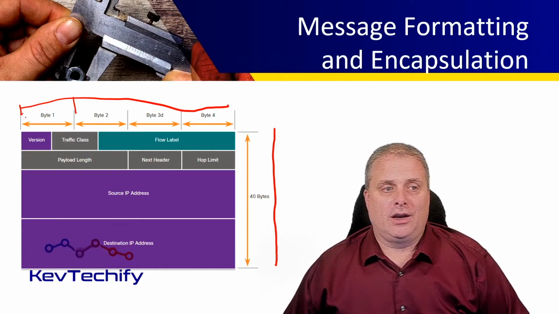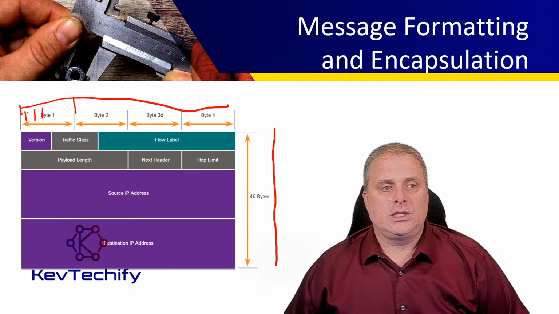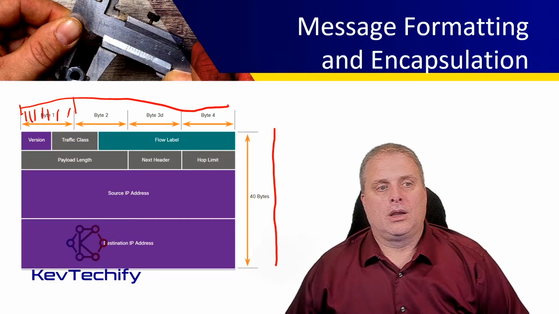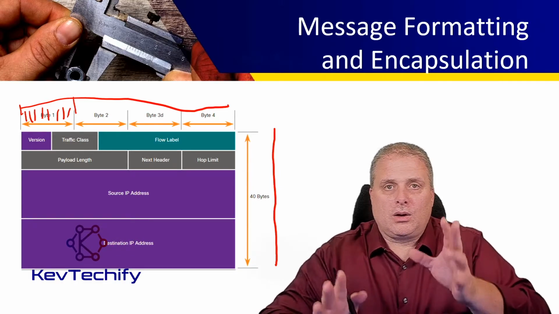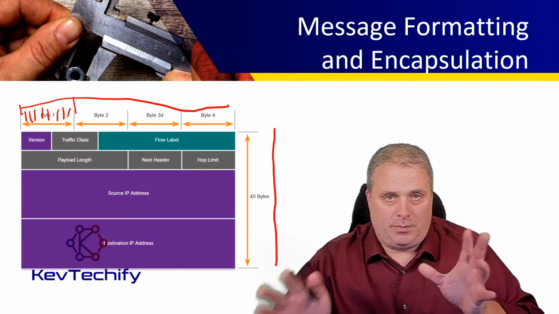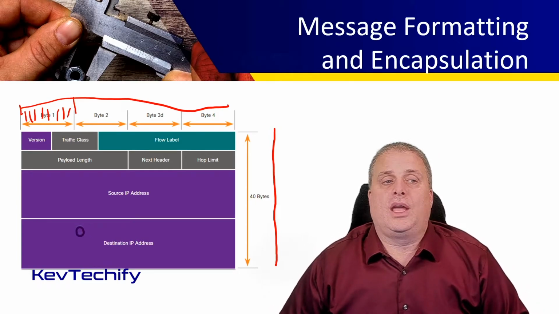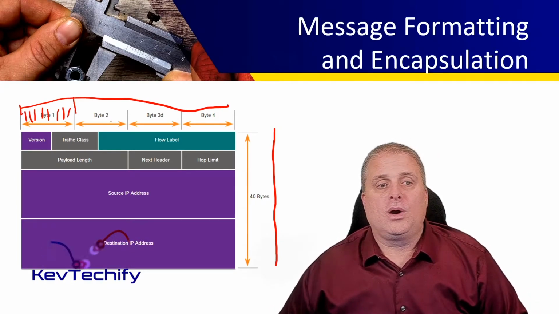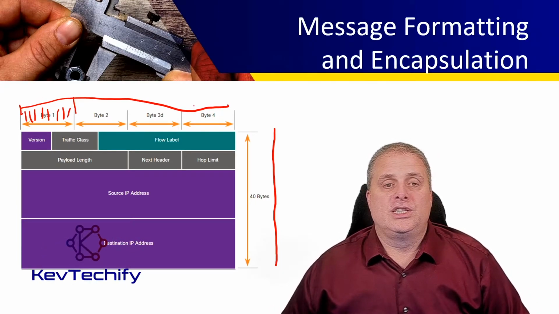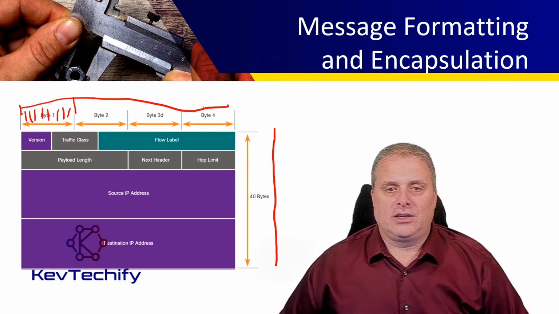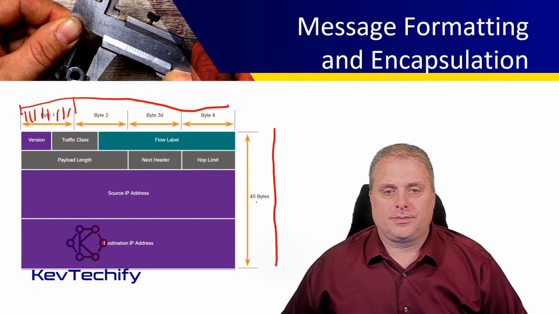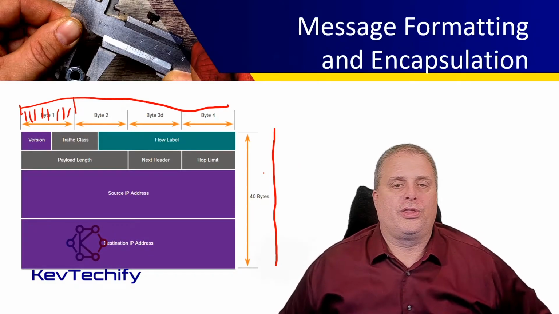So inside of here, there are 8 ones and zeros, and those signify something based upon their values and where they're located. But you go across there, each one of these bytes has 8 ones and zeros, so there's 32 bits going across here. Now, they say there are 40 bytes in this total thing.